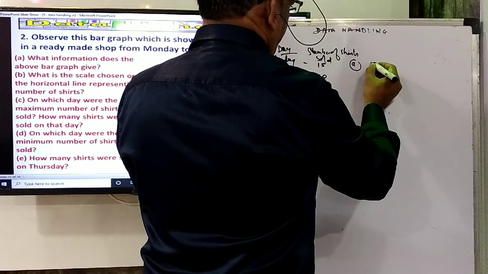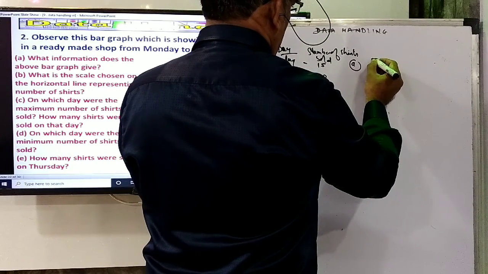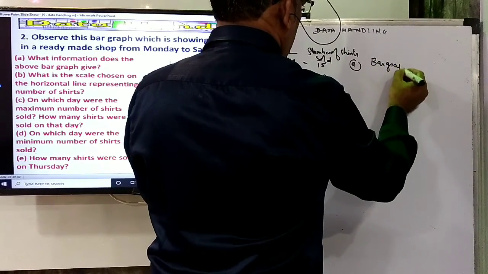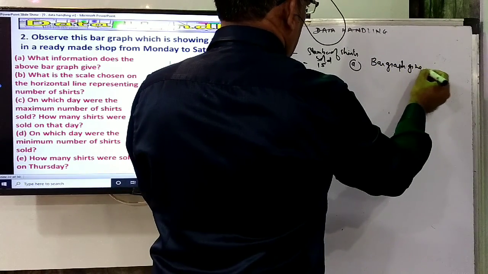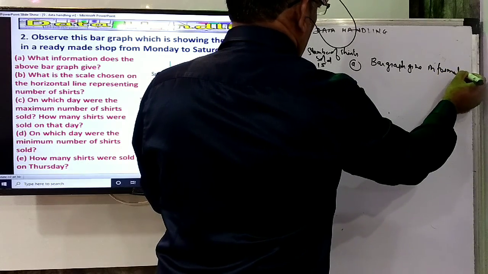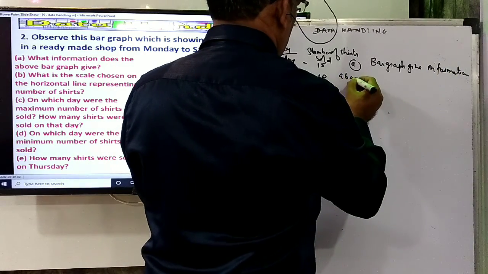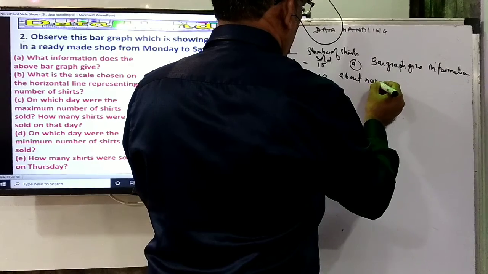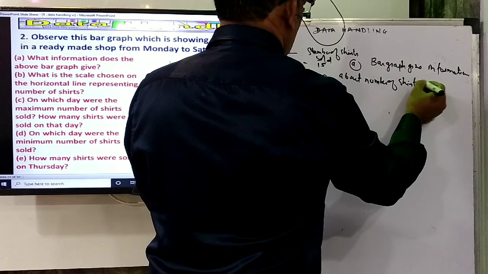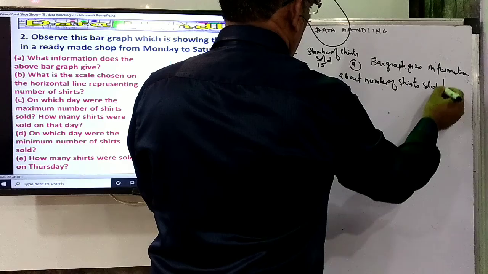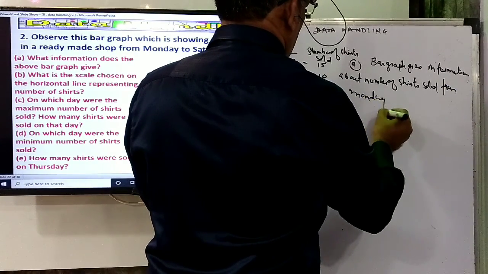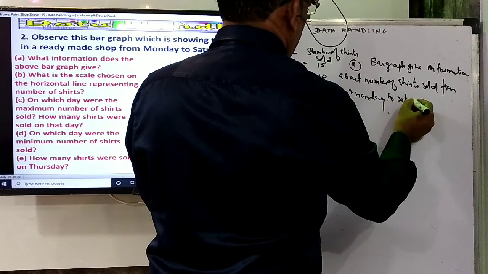The bar graph gives information about the number of shirts sold from Monday to Saturday.